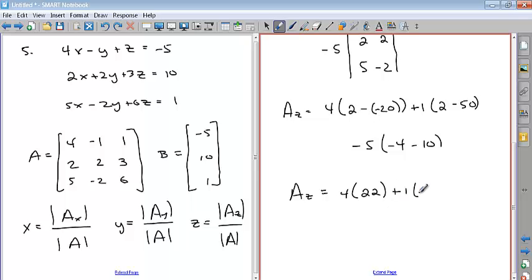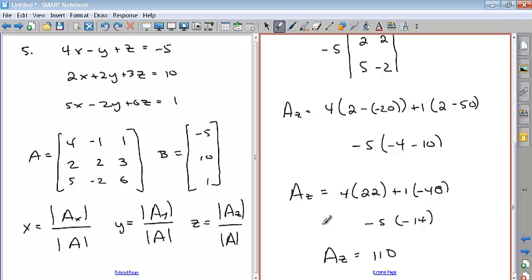We get 1 times negative 48 minus 5 times negative 14. So a sub z is 4 times 22 minus 48 minus 5 times negative 14.